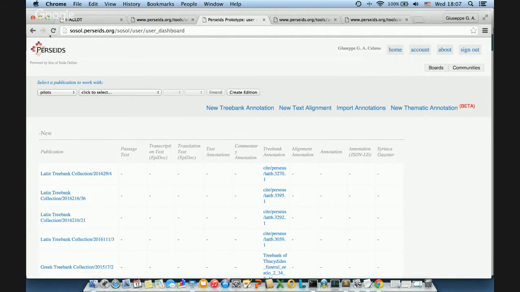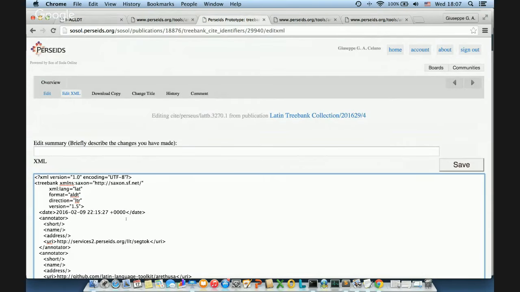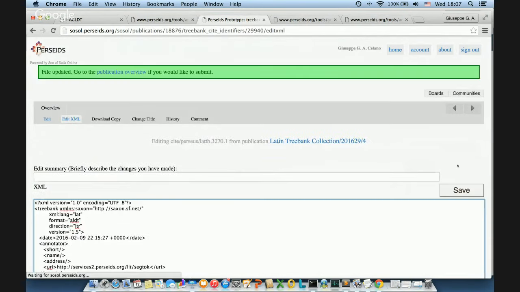Wait a second. Is this because you're changing somebody else's annotation? I know it should be because this is my board, so this is my file.